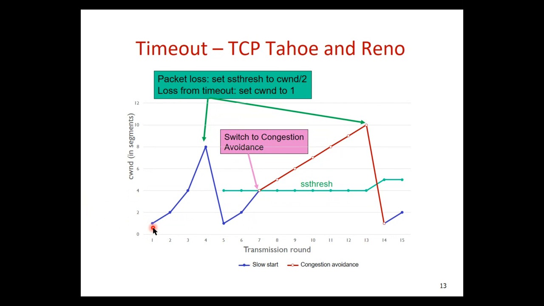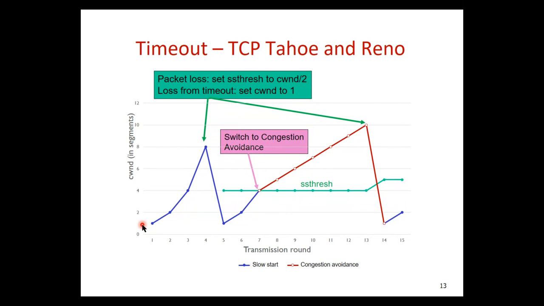So that is essentially the principle in TCP, right? And the CWND is used for congestion control. When the TCP connection begins, the sender has no idea whether the network is congested or not.